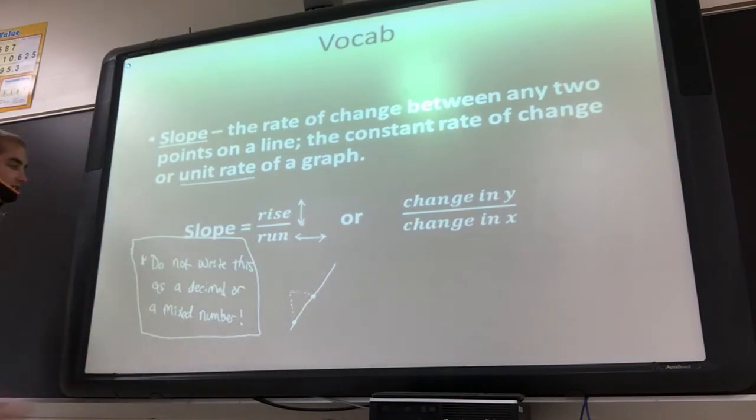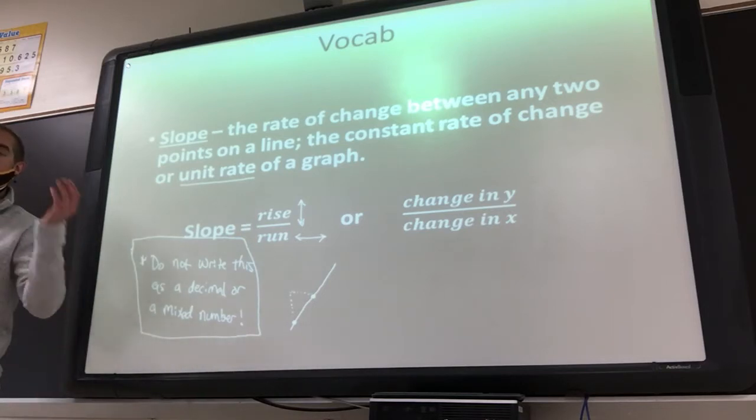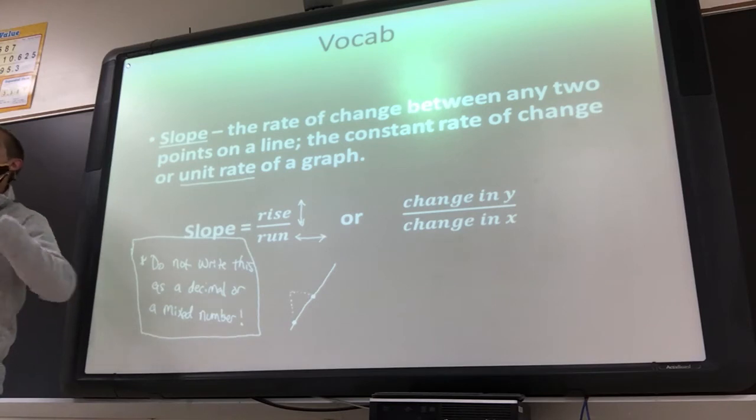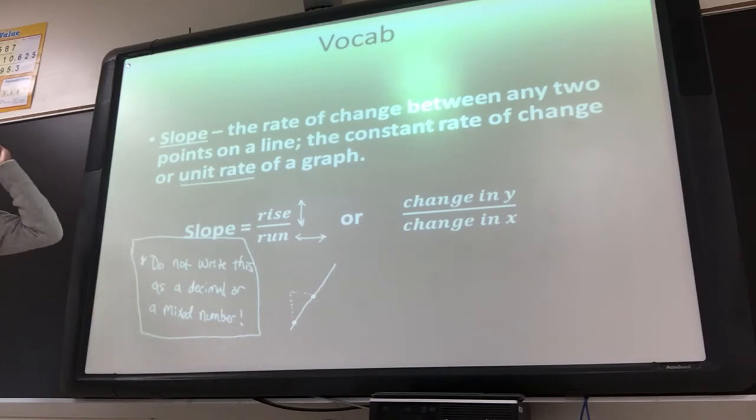We always write slope as an improper fraction. Because if we make it into a decimal like 1.5, we don't know how much is going up and how much is going to the right. If we write it as like 2 1/3, once again, we want to see one number on top and one number on bottom. So if we get 7/3, keep it as 7/3. So for slope, you don't simplify. Don't make it a mixed number, don't make it a decimal, keep it as an improper fraction.